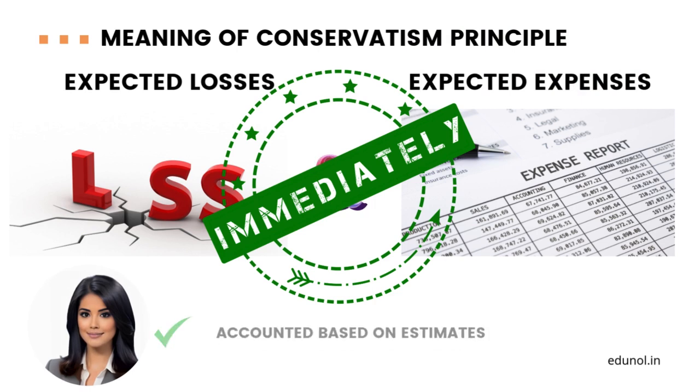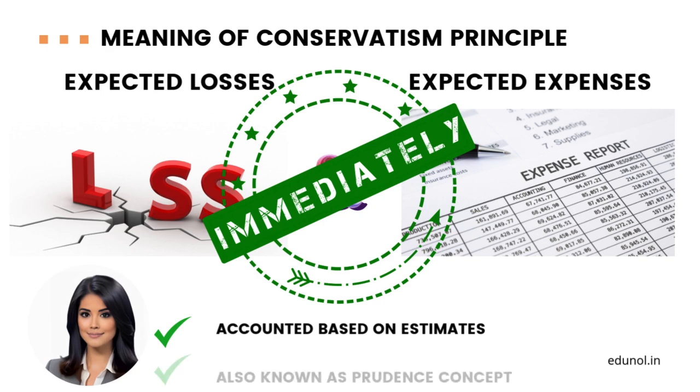The answer is, the business will estimate the expected loss or expense that may happen, and make a provision for it in books of accounts. The conservatism principle requires accountants to remain prudent, which means cautious, while declaring the profits of the business. That is why conservatism principle is also known as prudence concept.